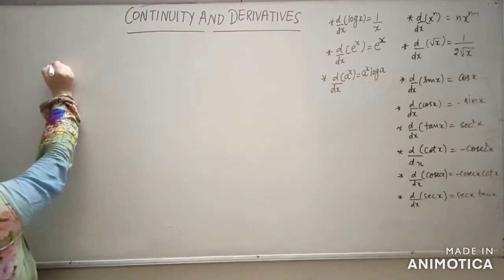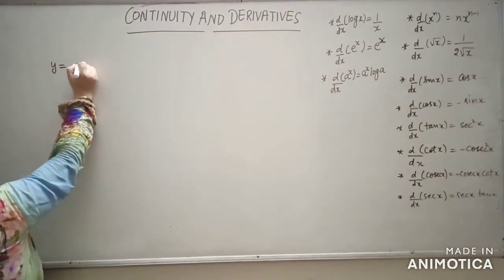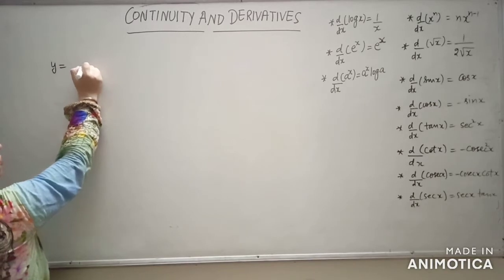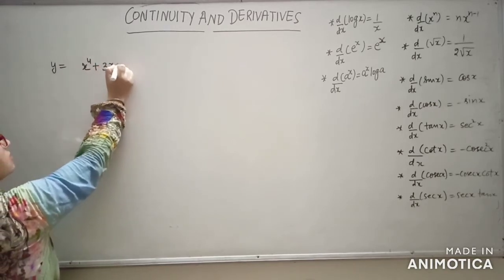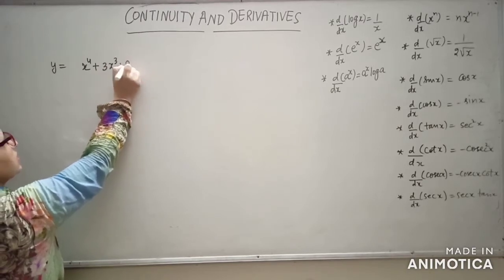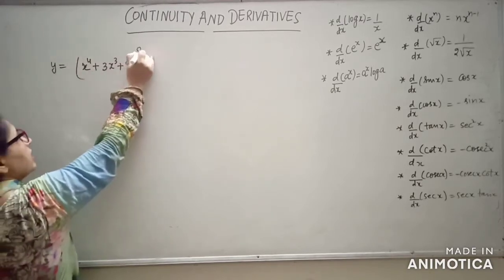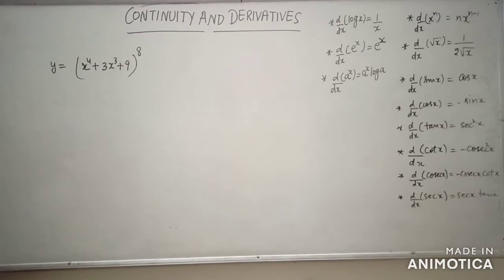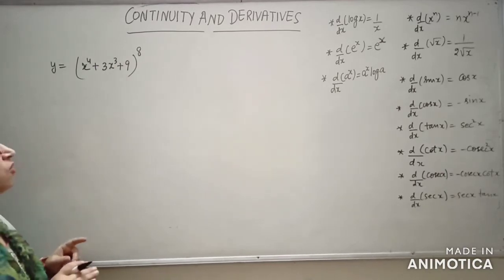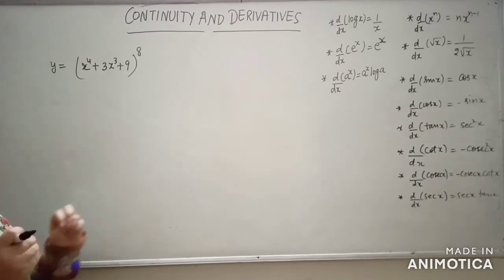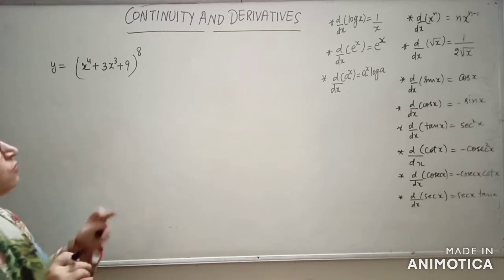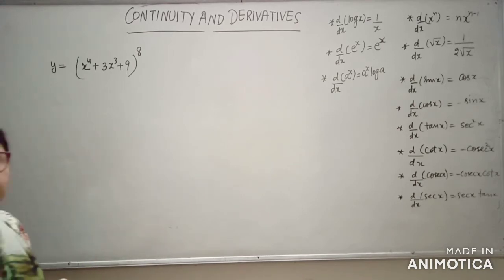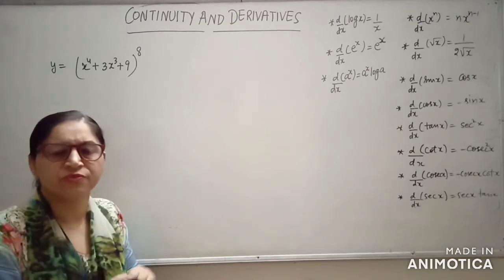Suppose y is equal to (4x^4 + 3x^3 + 9) raised to power 8. Now how are you to find the derivative of this? Obviously we will do it by applying the chain rule, but to solve it means to find the derivative of different types of functions.